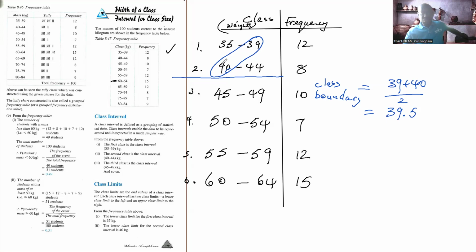So this represents our lower boundary, how low you could go. 39 plus 40 is 79, divided by 2.